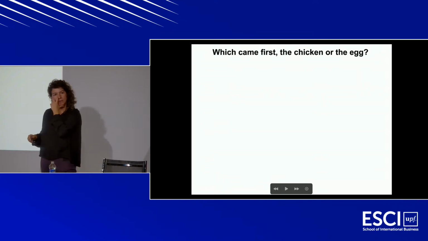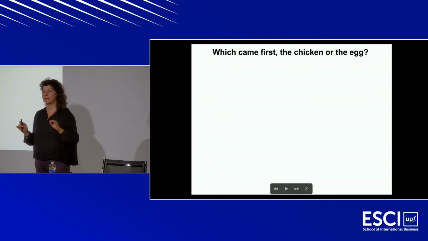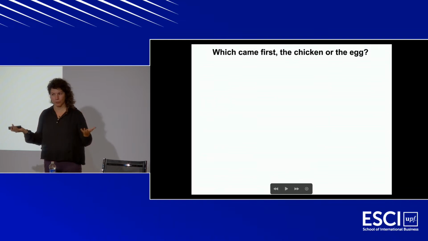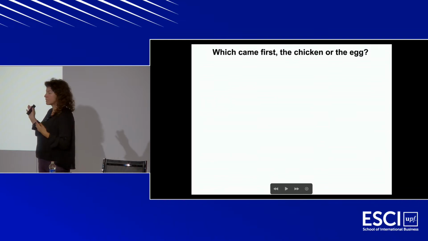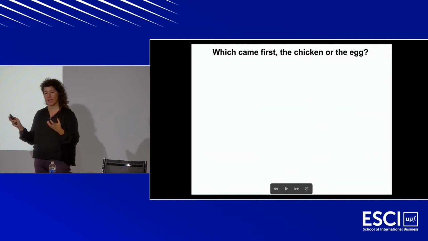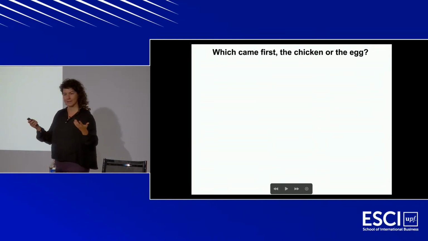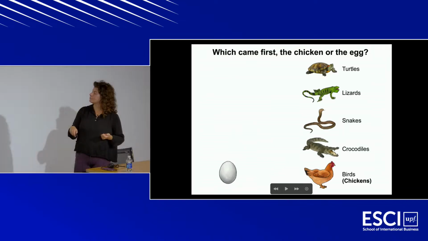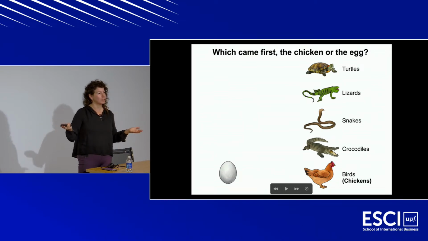So one of the take-home messages that I would like you to take from here is that phylogenomics can be very important to understand the evolution of life forms. And I always like to show this example that you can bring with you and tell your colleagues if they ask, why is phylogenomics important? One example is this sentence that we all know: which came first, the egg or the chicken, right?